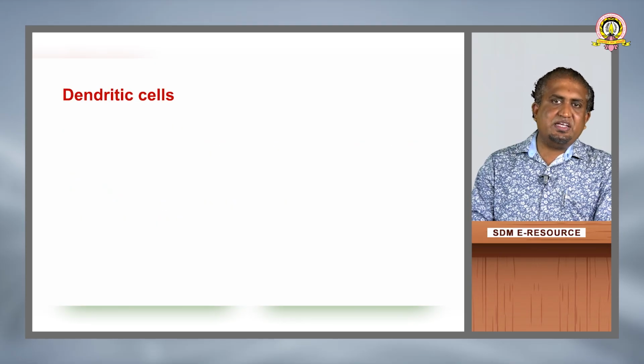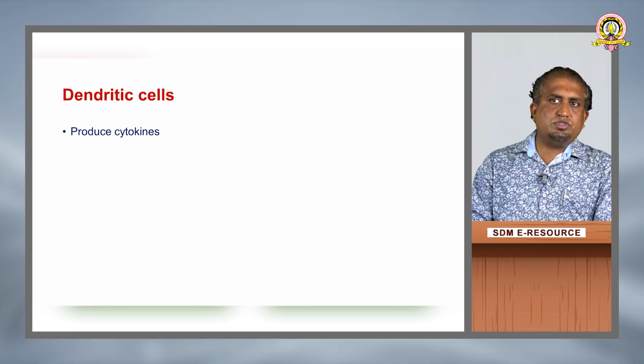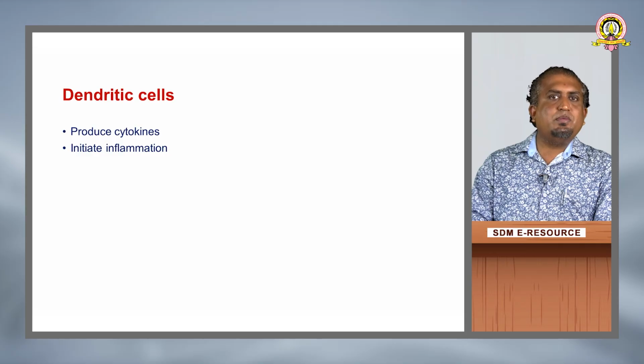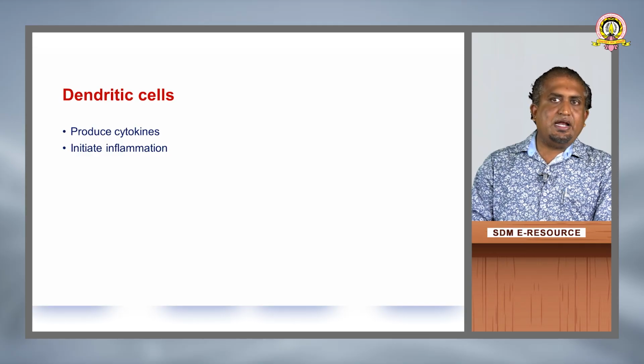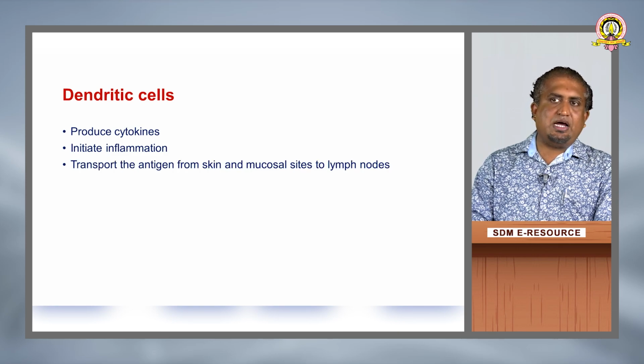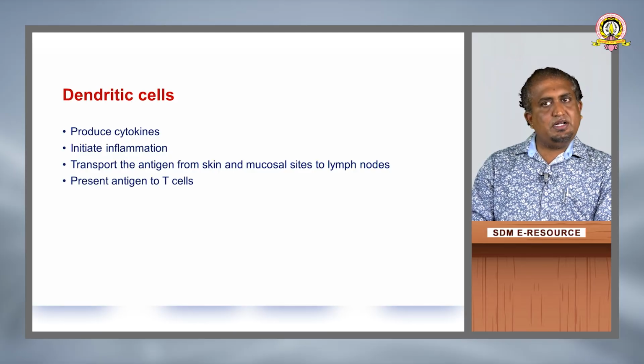So, next one is the dendritic cells. These produce cytokines. Cytokines are nothing but chemical messengers which will initiate the inflammation. If there is any infection, we have seen that inflammation will be there. The dendritic cells produce the cytokines which initiate the inflammation, and also transport the antigen from the skin and mucosal sites to the lymph nodes, and they present the antigen to the T cells.